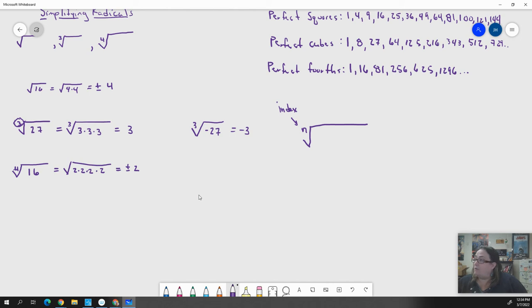What we call the bit that's in here is the radicand. Ultimately, what we're saying is, what number can we raise to this power to get what's underneath, right?